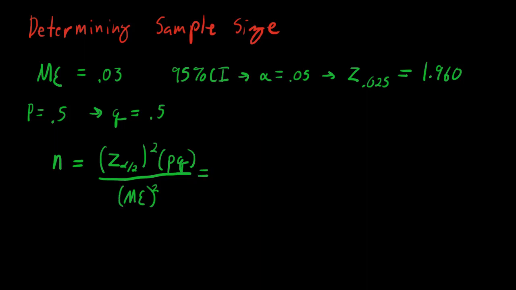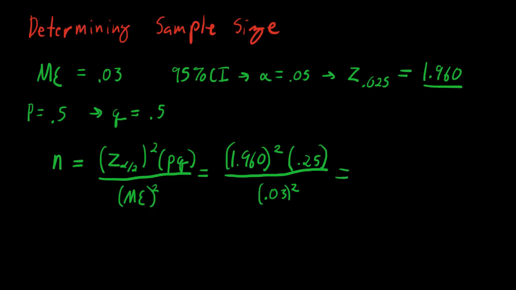So if we look at what that equals, we have Z of alpha over 2 squared, so we have 1.960 squared, times P times Q of 0.5 times 0.5, or 0.25, and then that divided by our margin of error. So we're looking at a 3% margin of error, so we have 0.03, that value squared, and that gives us 1.960 squared is 3.842 times 0.25, all over 0.03 squared is 0.0009.